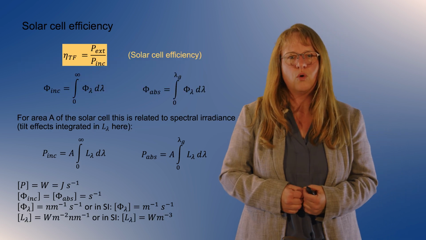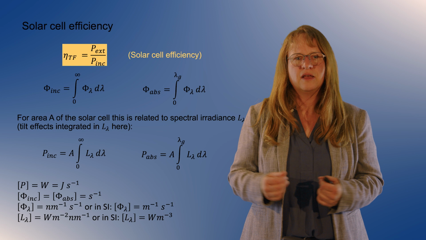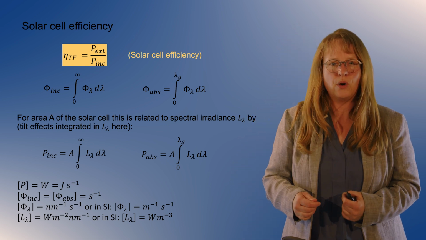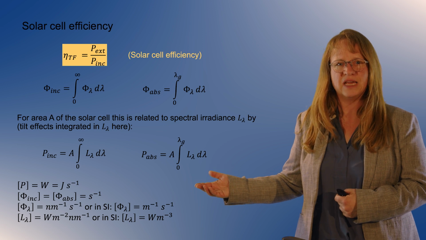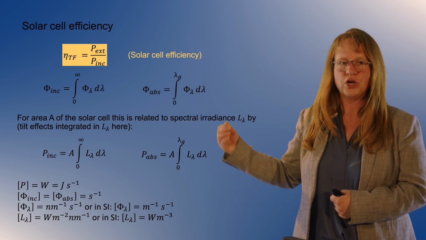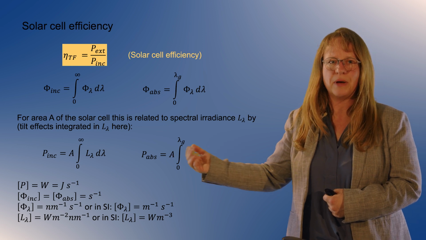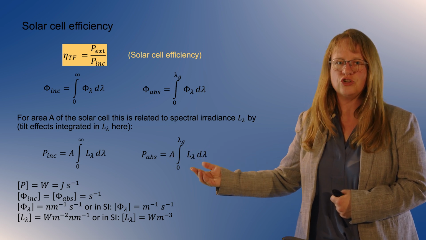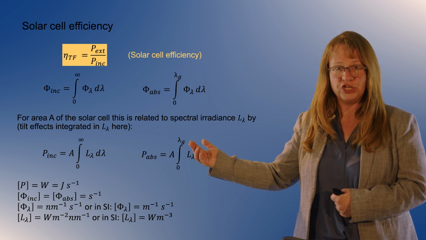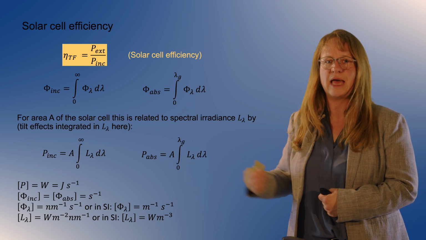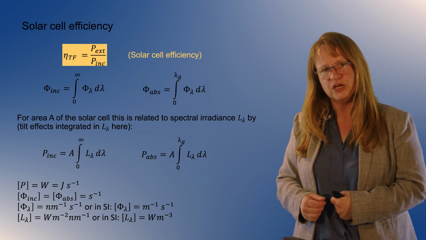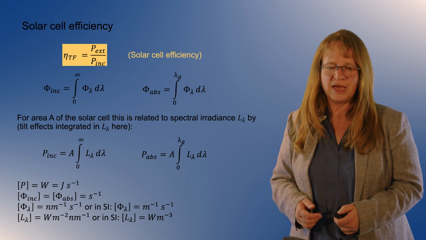And once we know how many photons we have, we can then calculate from this what the absorbed power is, because we obtain the absorbed power by converting the number of photons to power, and that is done by integrating the spectral irradiance from 0 to lambda g, the band gap wavelength, and multiplying with the area A. So this part of the photons here is absorbed in the simplified image.